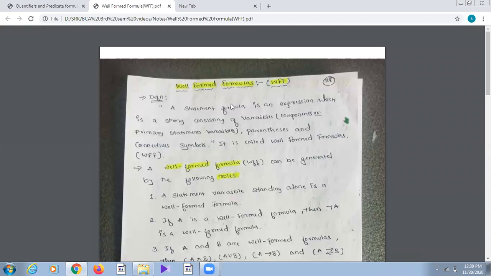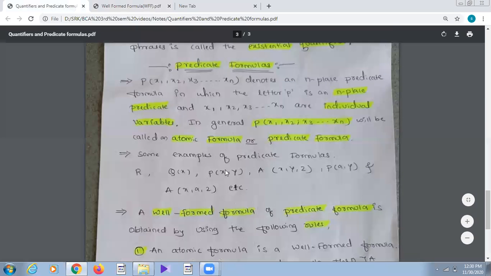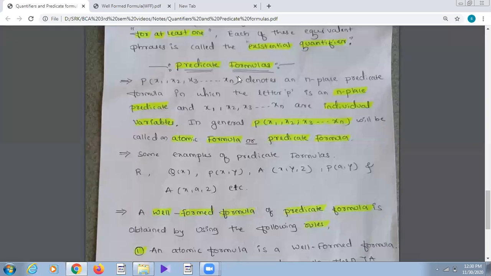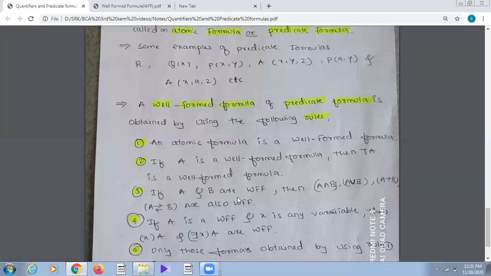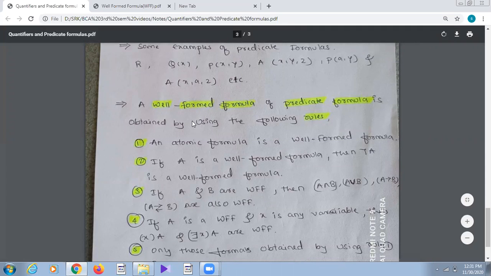This well-formed formula is telling about the predicate formula: how will the predicate formula be, what is the standard format, and which predicate formulas are valid. Some rules will be there for predicate formula, and those rules tell how the predicate formula will be. These are the well-formed formula rules for predicate formula.